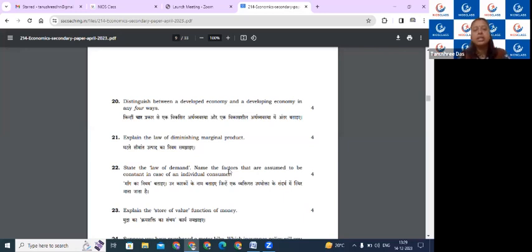State the law of demand, and name the factors that are assumed to be constant in the case of an individual consumer. The law of demand states that if there is an increase in the price, the demand for the commodity will fall.